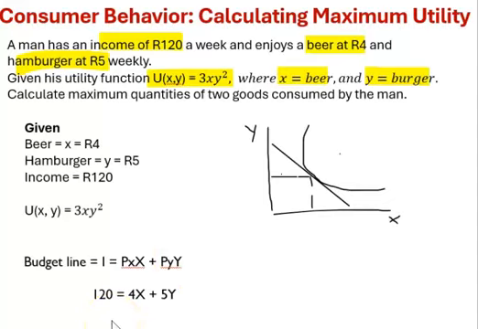And we know that our income is 120 equals, we said x equals 4, so it's 4x plus 5y. Y equals hamburger equals 5. So now we know what our budget line is. It's 120 equals 4x plus 5y.